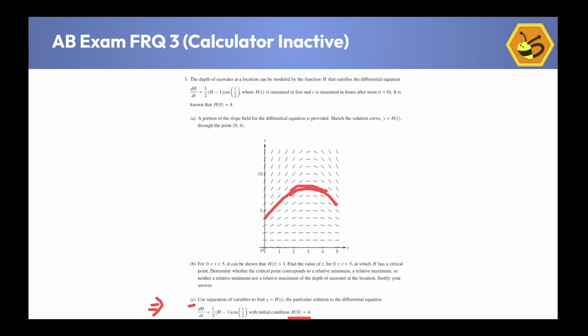So if you need more time, you can select no. This part C is worth 5 points, more than half of the entire FRQ. I think nobody votes no, so let's take a look.